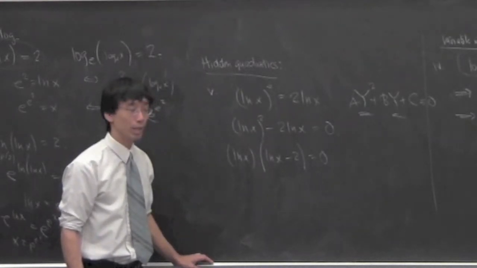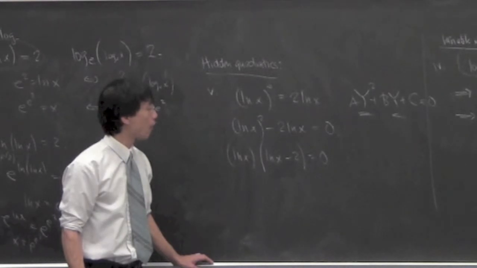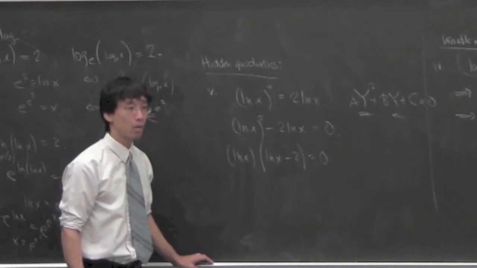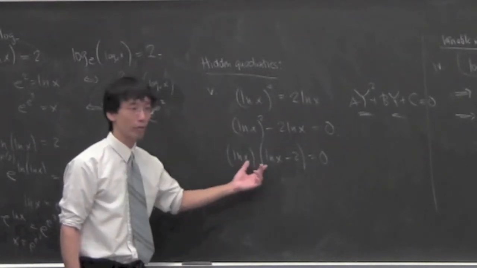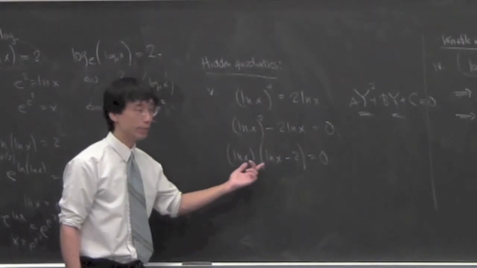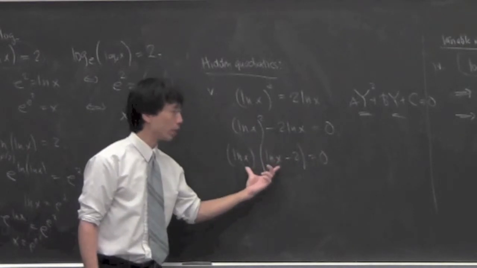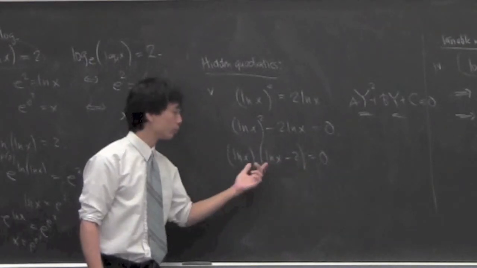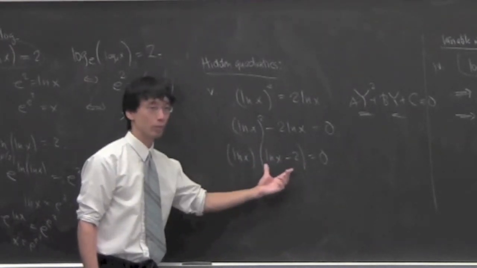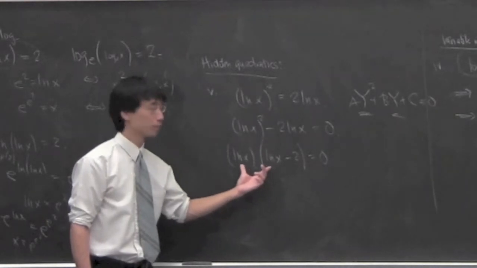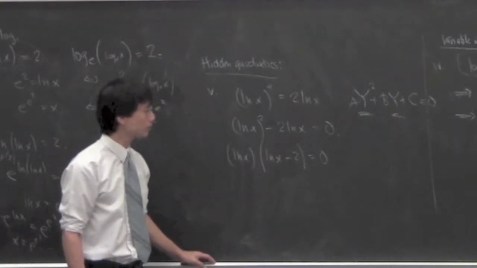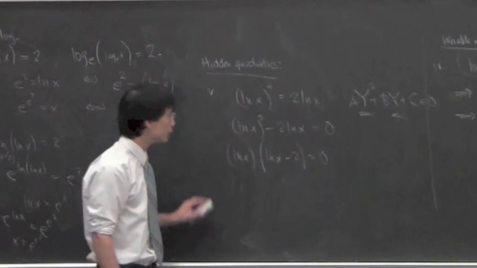Okay, and then what happens? Okay, you solved it, right? You've broken it down by the zero product property. If the product equals 0, then it must be that one or both of the guys is 0. Can you go over how you went from that to the last step? Sure.